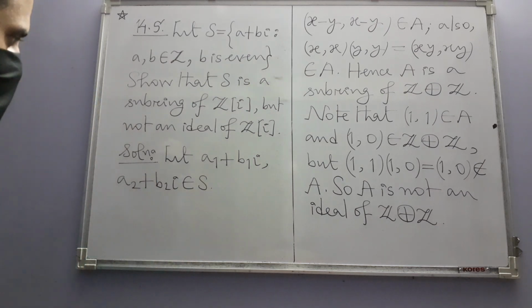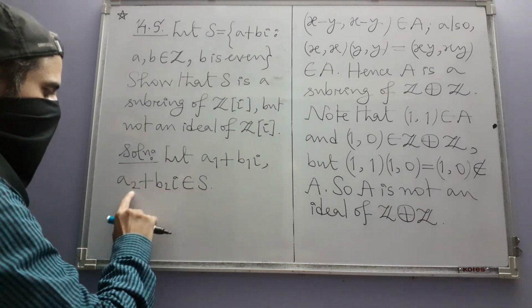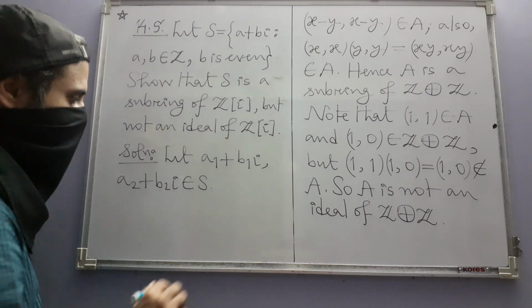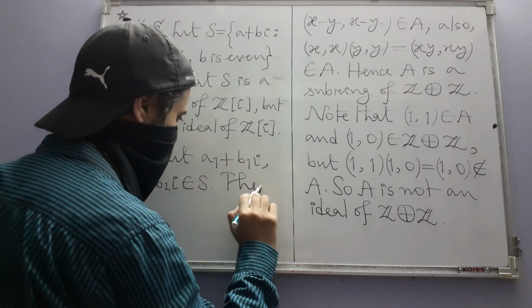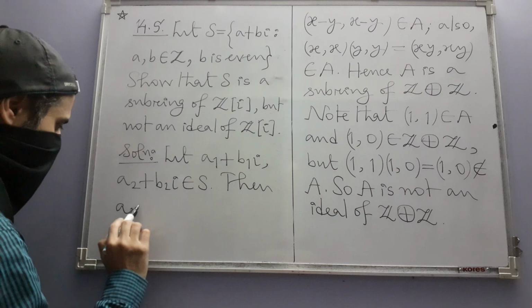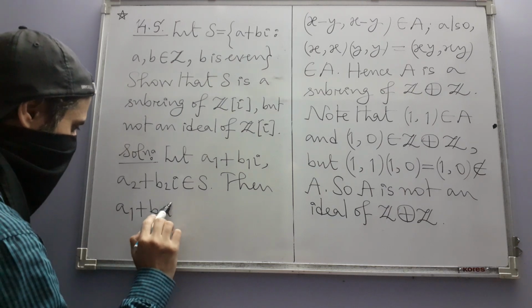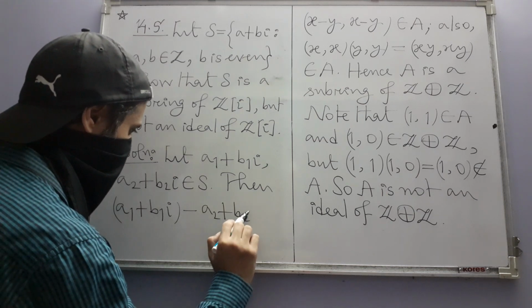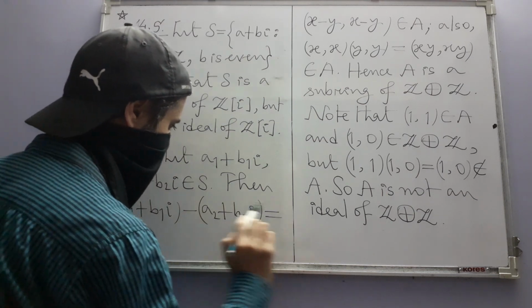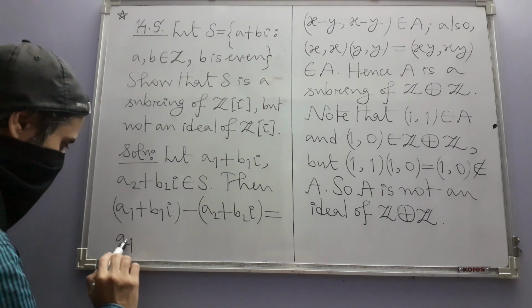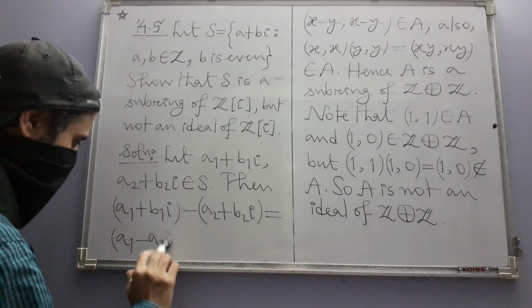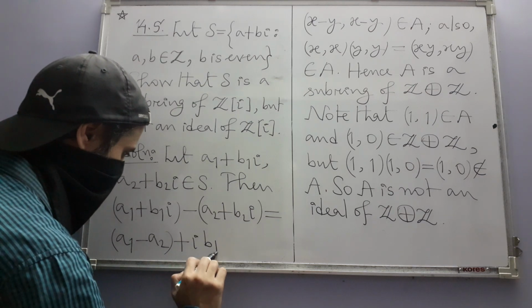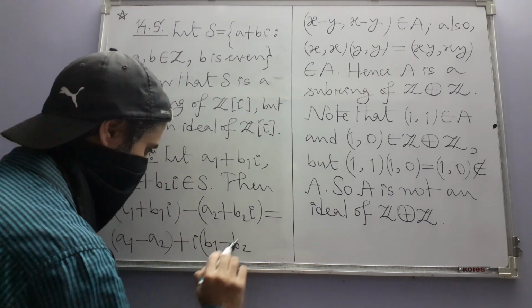Suppose a1 plus b1 i and a2 plus b2 i belong to S, so that a1, b1, a2, b2 are all integers, and where b1 and b2 are even. Then a1 plus b1 i minus a2 plus b2 i is equal to a1 minus a2 plus i times b1 minus b2.